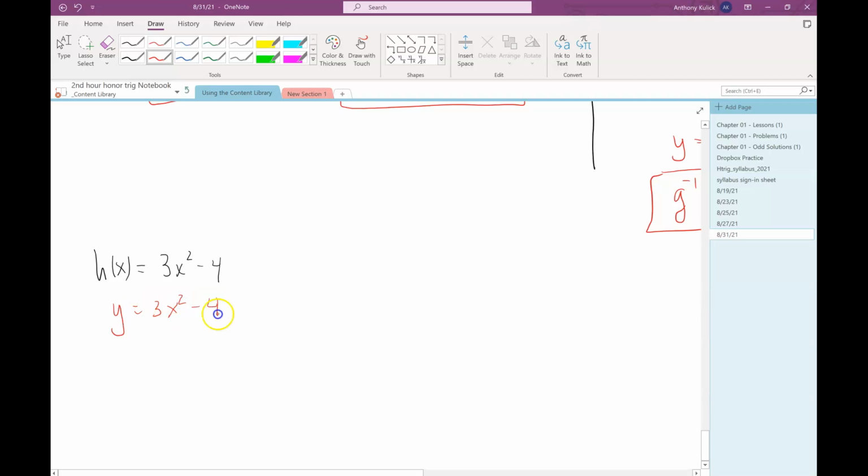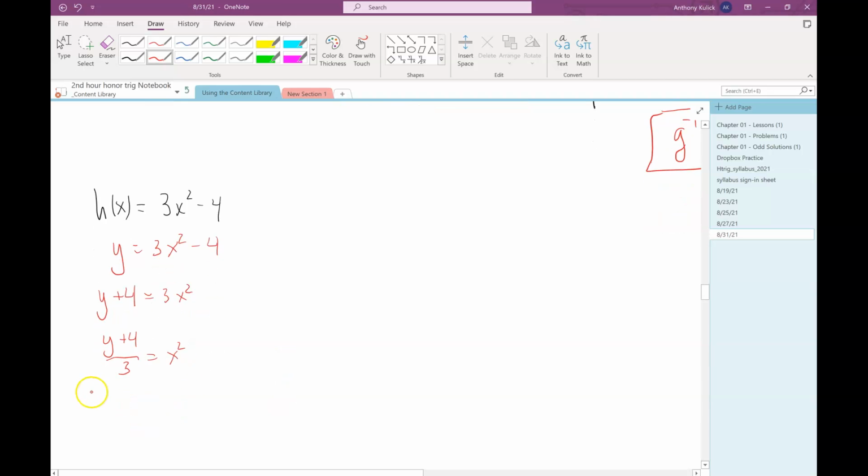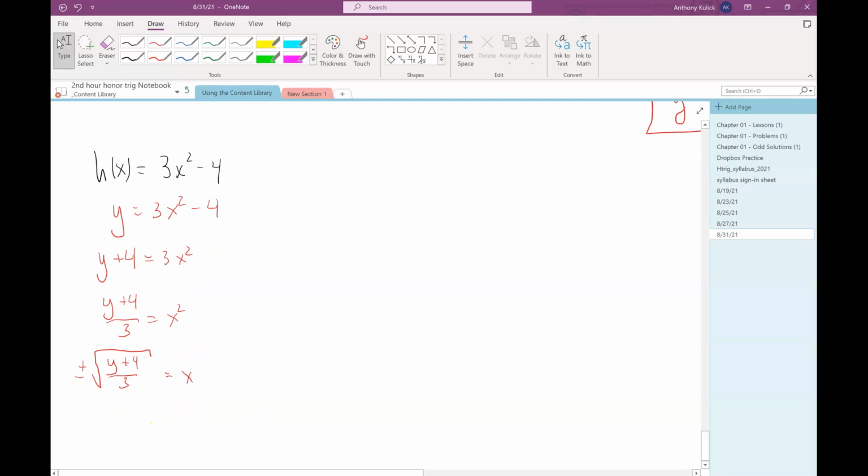Replace the function notation with just a y, and then go about isolating that x. So add 4 over. Divide the 3 over. Square root both sides. Remember, when we square root both sides of an equation, that creates a plus or minus. And then swap my x and y's.